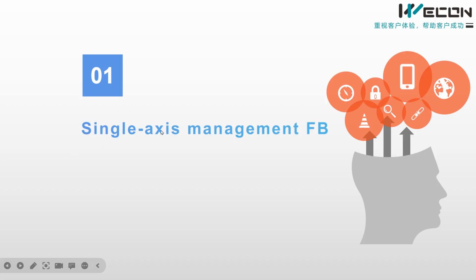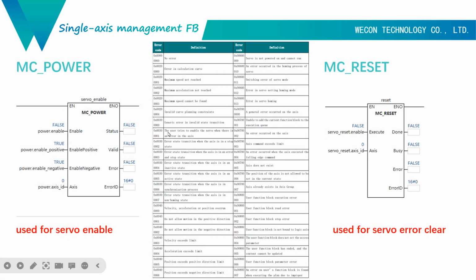First part, single-axis management function block. Look at this function block. This is used to enable our servo. We can see here are four inputs of this function block.